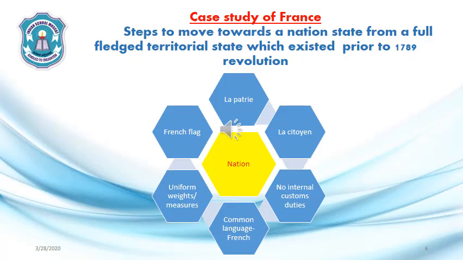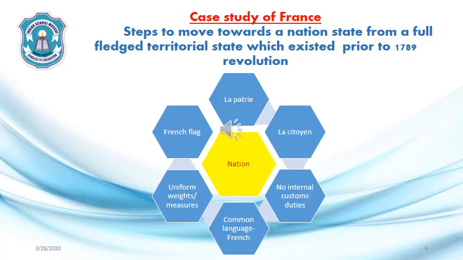Is it clear? This is one case which is being discussed in your textbook. Apart from this, there is also a reference to the role of Napoleon through the idea called the Napoleonic Code. Though Napoleon had introduced all those changes for the sake of his administration, such changes were actually helping the French people to develop a sense of national identity.